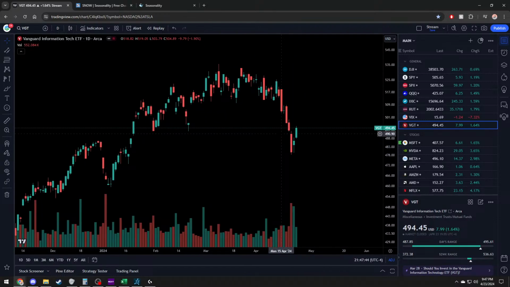That's why whenever you see big drops in the overall market, it's usually a good time to buy, because people are still going to demand the goods, the supply from companies, products, software, whatever it may be. But since there's fear, the prices go down. It's a good time to swoop in, right?